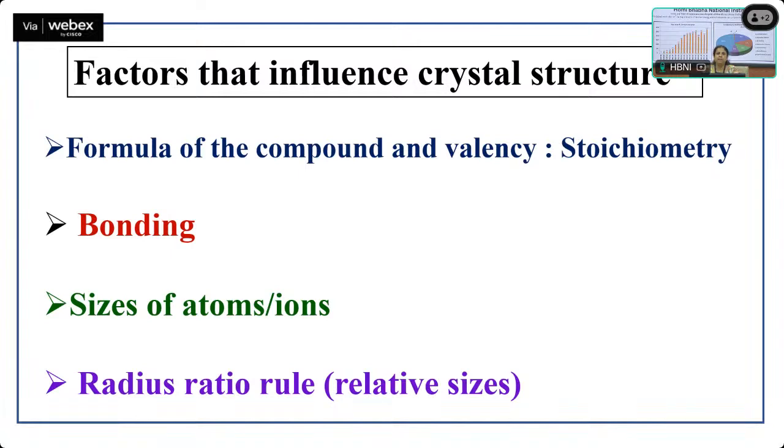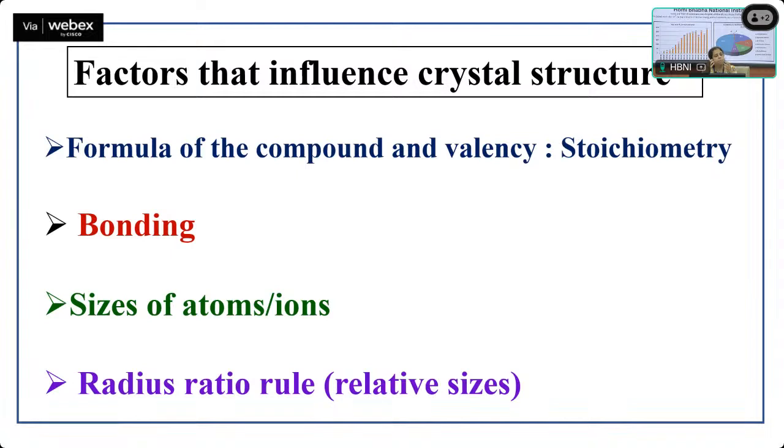If the stoichiometry is 1:2, I know that only half of the octahedral holes will be occupied, and this will be a different structure from AX. Also, whether it goes into an octahedral hole or a tetrahedral hole depends upon the size of the atoms and ions, which is their absolute sizes as well as their relative sizes. Now these two are very different things, and we'll talk about it.